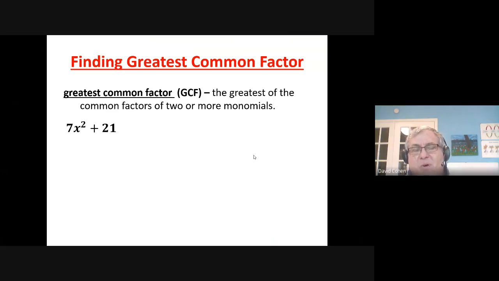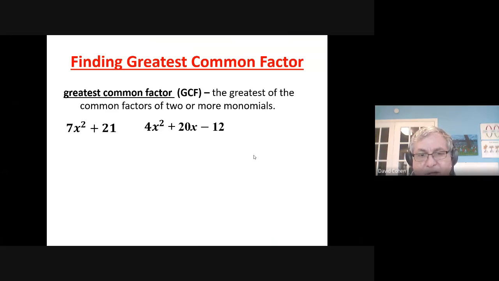Make sure always, your first step is to take out the greatest common factor, get it out of the way. In this case, 7 goes into 7x squared once, and 7 goes into 21 3 times. It's much easier to factor x squared plus 3 and deal with the 7 on the outside.